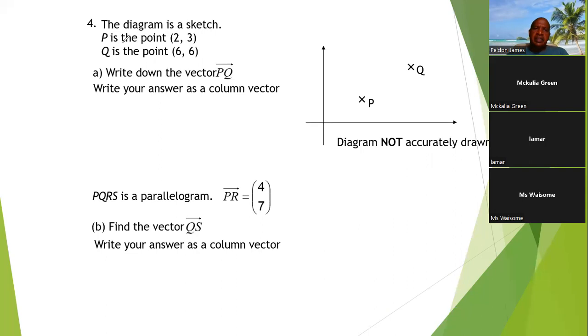Now the point P is the point (2, 3), so right here is the point (2, 3). And Q is the point (6, 6).